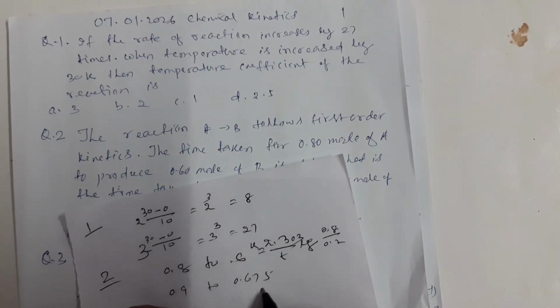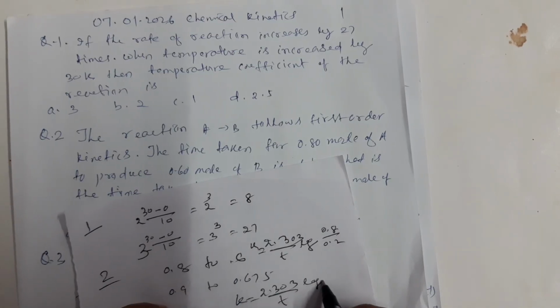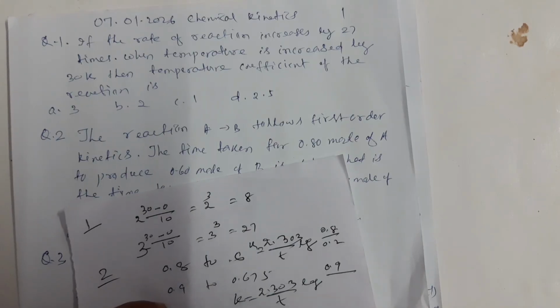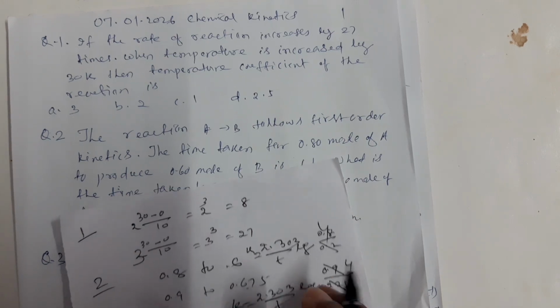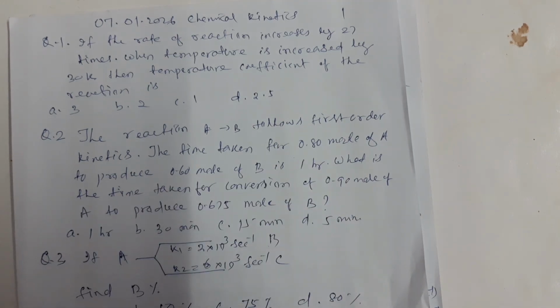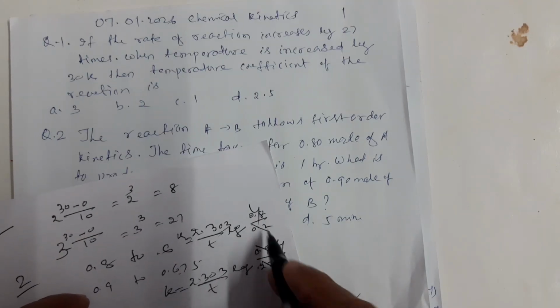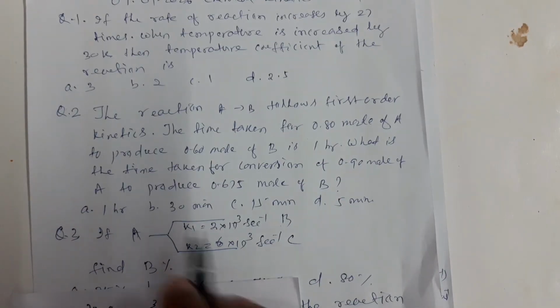Similarly here you take K is equal to 2.303 by t log 0.9 by (0.9 minus 0.675), which is 0.225. So it is 4 times. It is also 4 times. So your time here is also 1 hour. Understand? When the ratio is 4:1, then you will get the same time. So choice A is the correct answer.